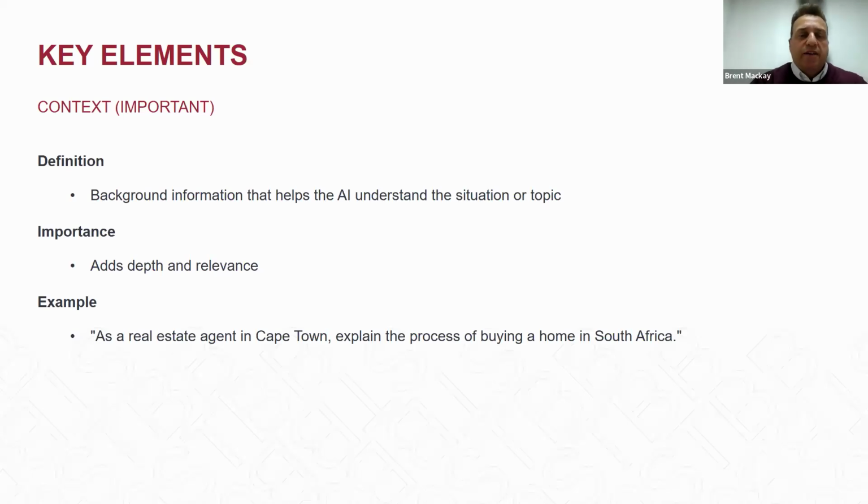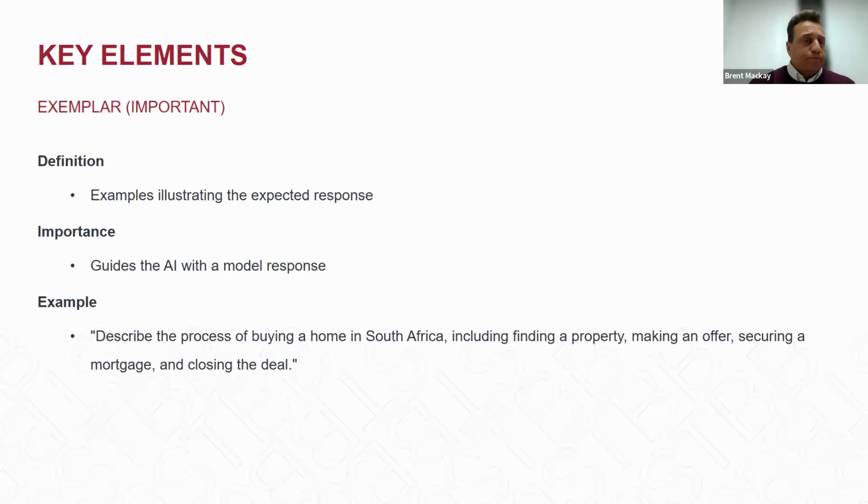You could also add in, explain the process of buying a home in South Africa for consumption by first-time home buyers, for instance, in the age group 20 to 35. So the context that you provide there enables the AI to respond more appropriately to your query.